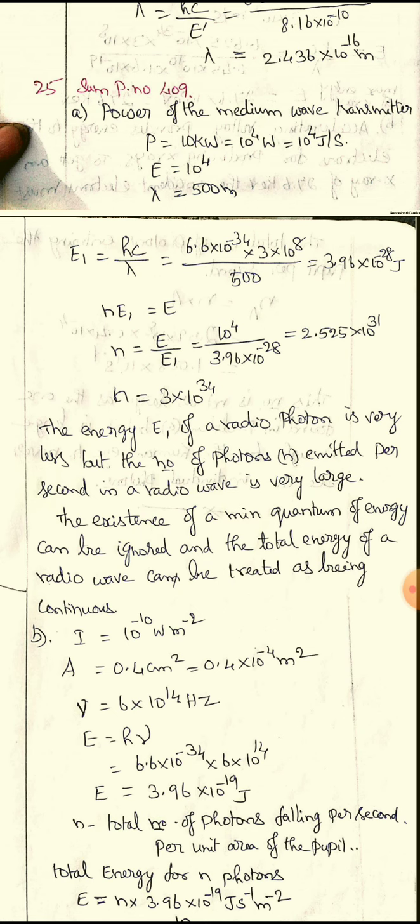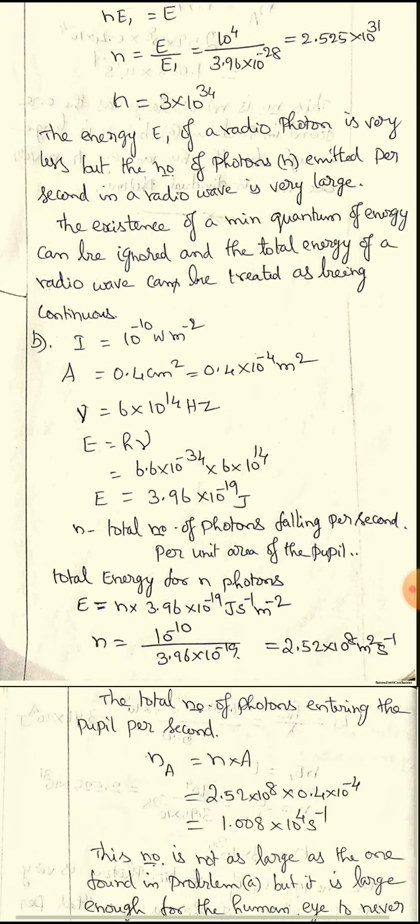Comparing these two values, E1 is small and N is very large. So the existence of minimum quantum of energy can be ignored, and the total energy of a radio wave can be treated as being continuous. What we are doing is ignoring the minimum quantum of energy because it is very less, and the total energy of the radio wave will be a continuous thing.